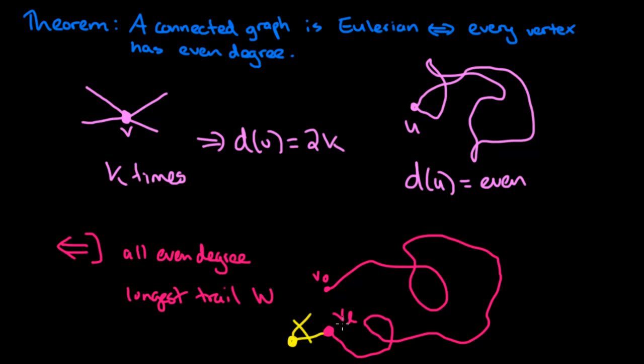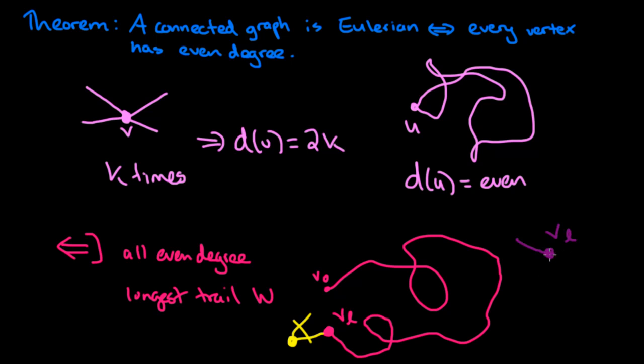We know that cannot be the case, otherwise we could extend the trail, and we've already got a longest trail. Well, we've already used up all of the edges that are incident with this particular vertex VL. So if we think carefully about vertex VL, maybe it was used several times in this walk.